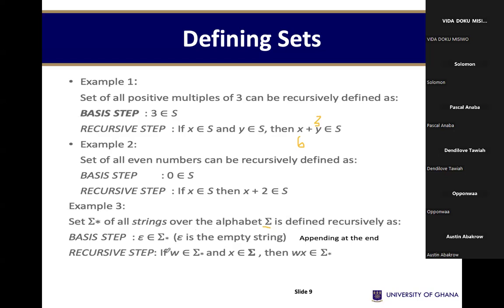So in the recursive step, we need to be adding some alphabet to that particular empty string. And how do we do that? If, let's say, W is an element of the sigma star, right? Which is the string initially implemented, which we are saying is already empty.